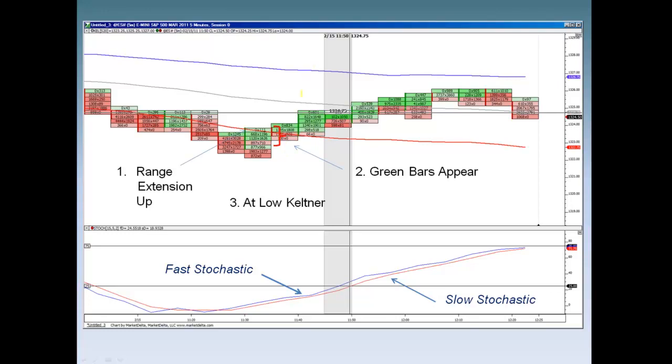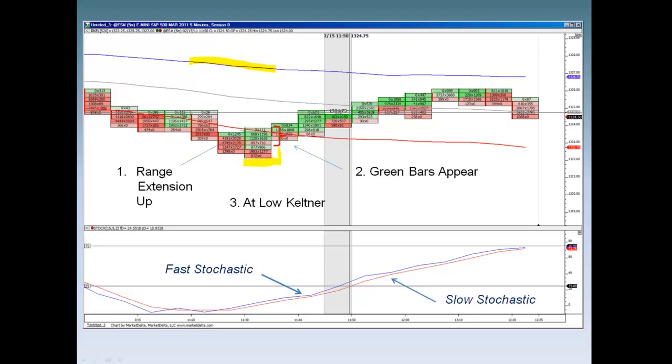And where is it relative to the Keltner? Well, first of all, what is the slope of the center line of the Keltner? The slope is really somewhat to the downside, but it looks more like a flat market, not much of a slope. So it is a sideways market, and I have an entry that's well below the Keltner.